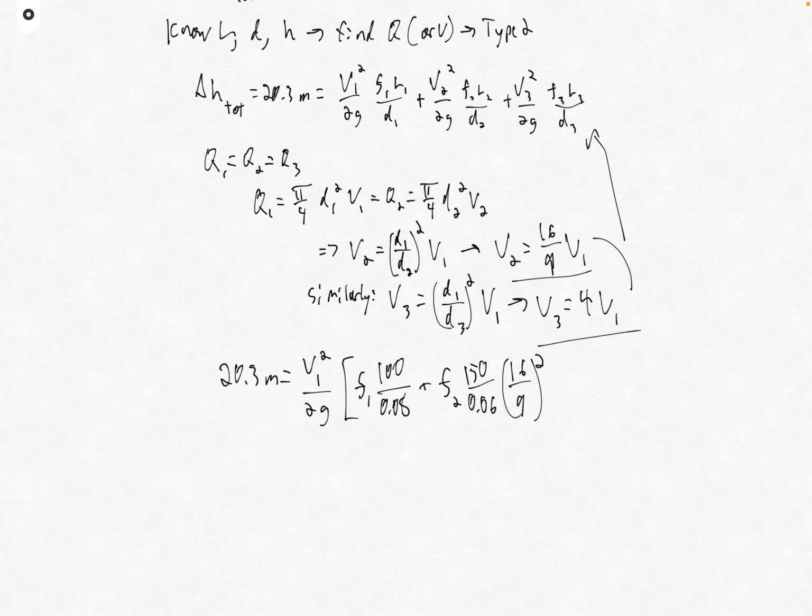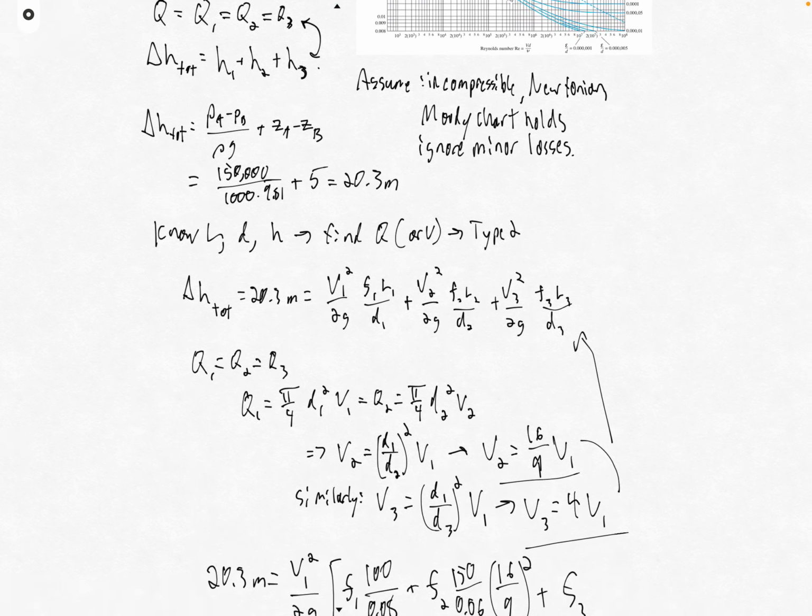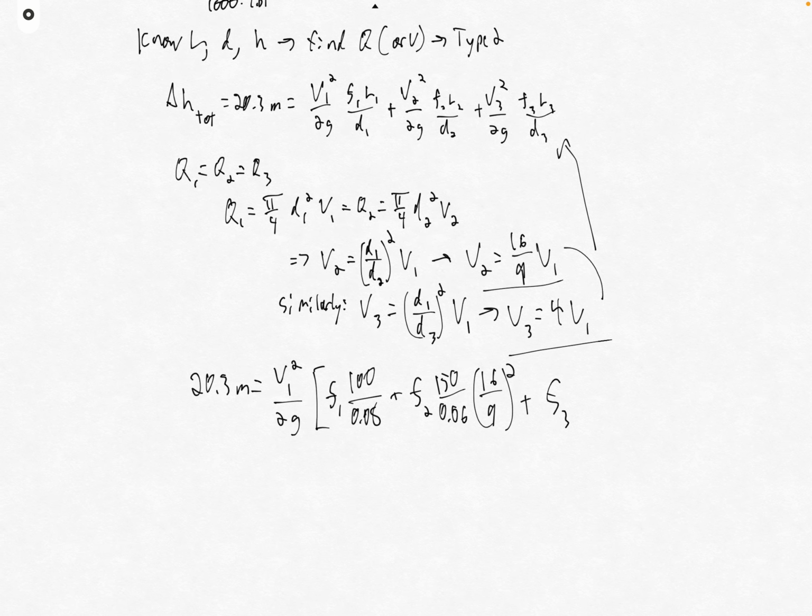So it's going to be f2 times 150 over 0.06 times 16 over 9 squared, plus f3 times L3 over D3. L3 is 80, D3 is 4 centimeters, so that's 80 over 0.04. And again, we have to convert between V3 and V1. That's going to be times 4 squared, because we're considering the ratio to get to V1 squared.